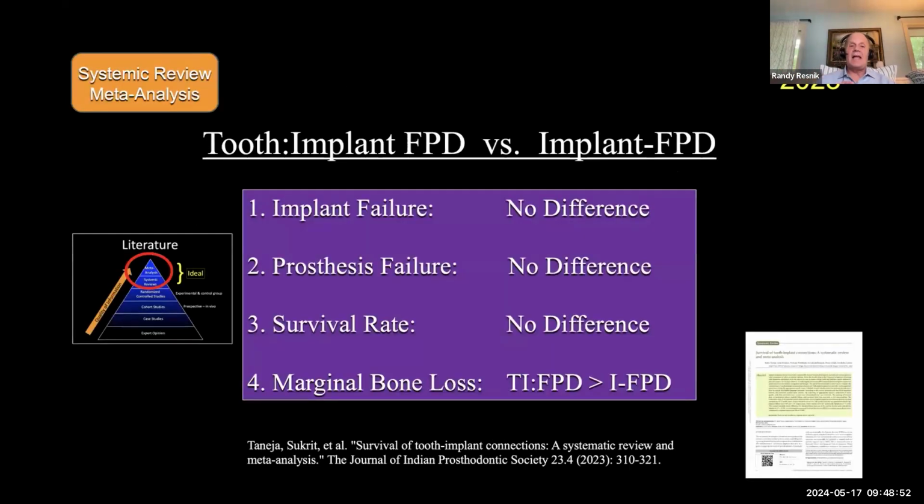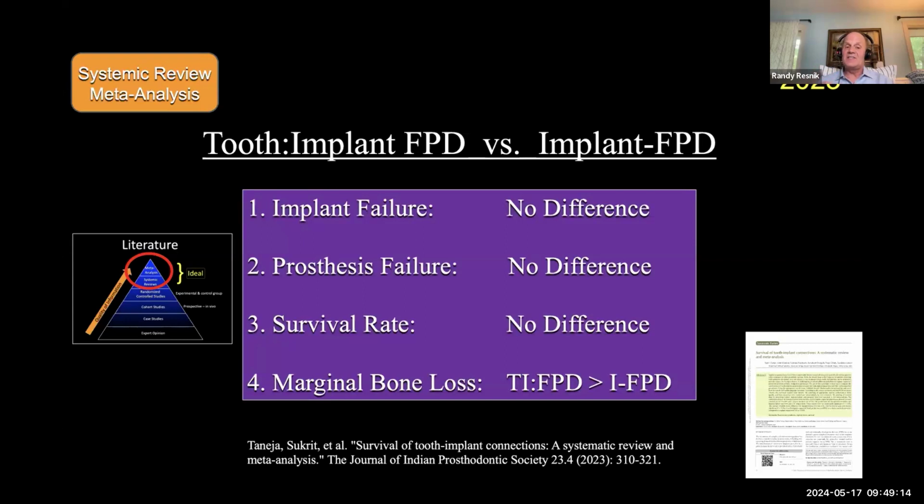If we look at tooth-implant versus just an implant fixed partial denture, there are some systematic reviews and meta-analyses. This is one that shows no difference between tooth-implant and implant-only supported, with implant failure, prosthesis failure, and survival rate.